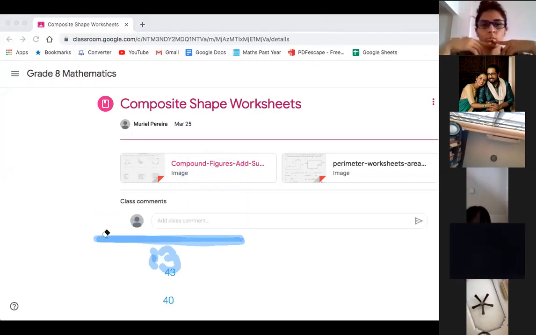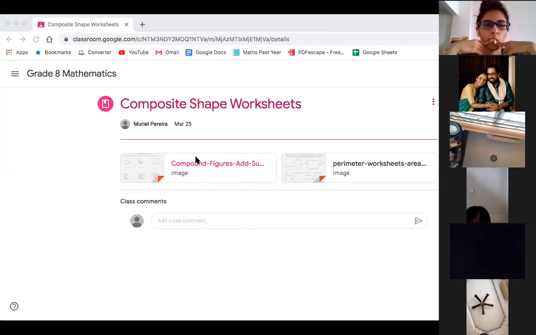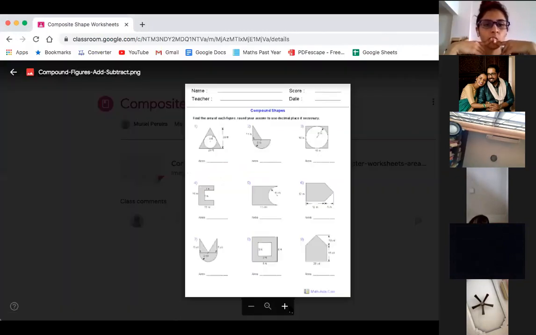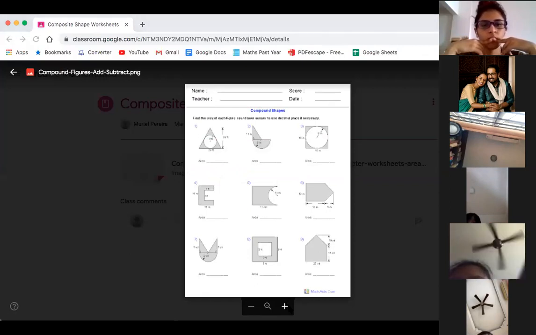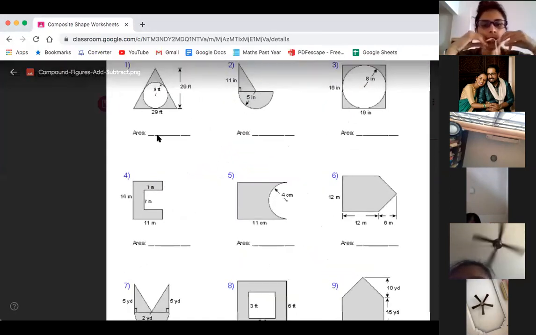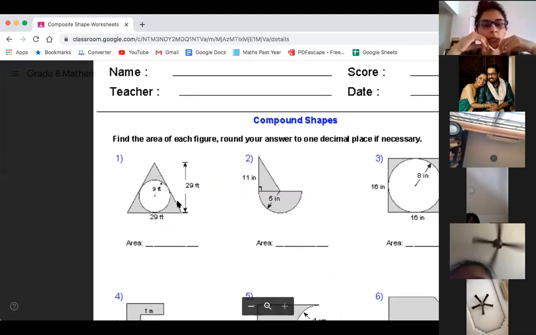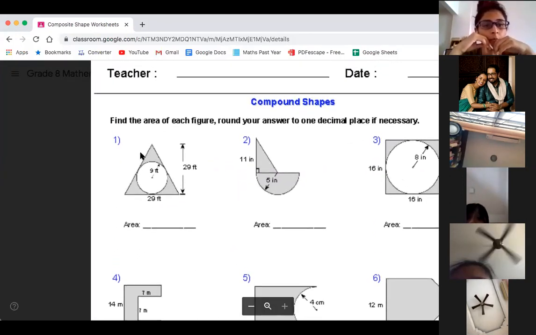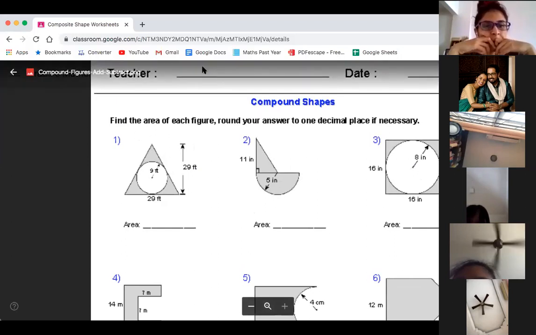Okay. The more complicated one will be this worksheet, because some of it you have to think a bit out of the box. For example, question 1, they're asking you to find the area of the figure. That means the gray area. So you mustn't find the whole area of the triangle plus the circle and add it together.